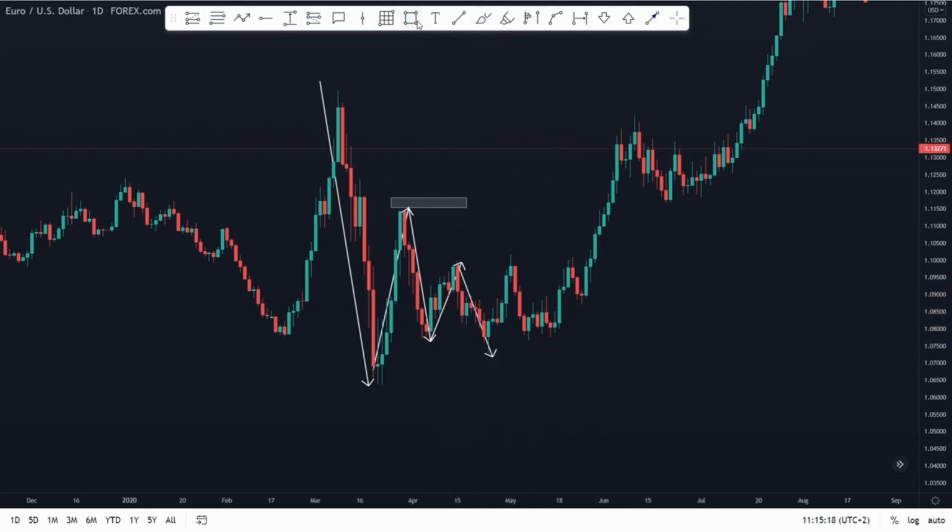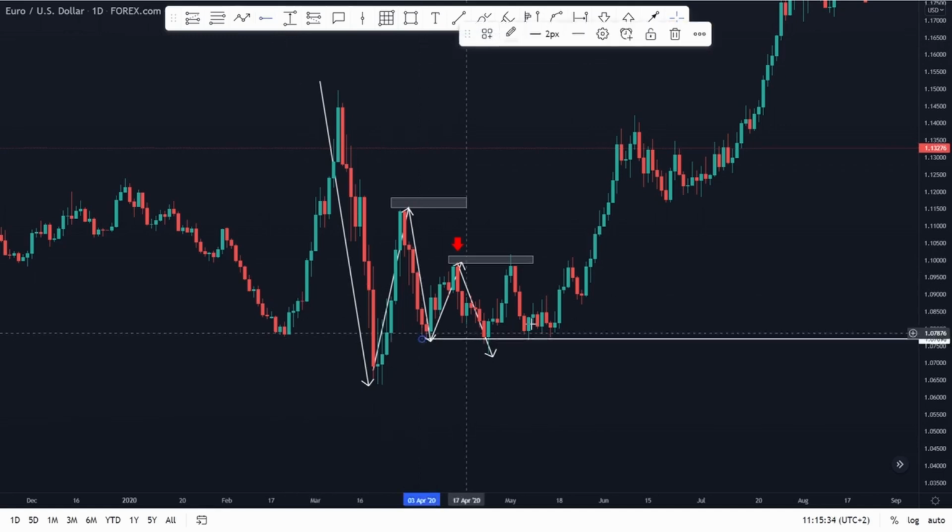So this is a confirmation that we have our new lower high over here, because we have our new lower low.